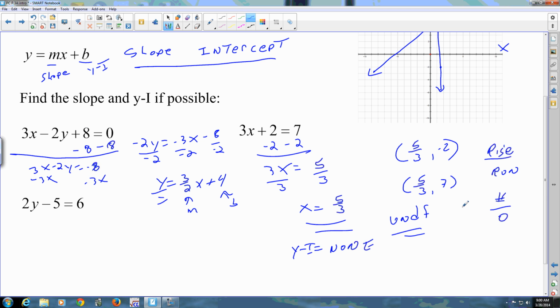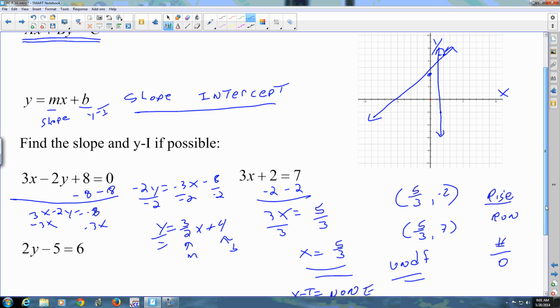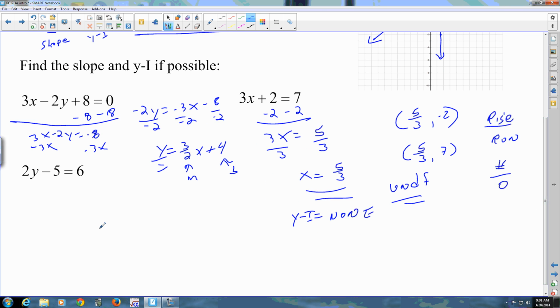There isn't one. Don't say 0, because if you said a y-intercept is 0, that's right there. This does not have one. There's none. This has a slope. It's not definable, though, so it's undefined because you're dividing by 0.